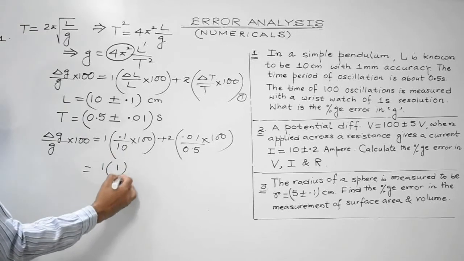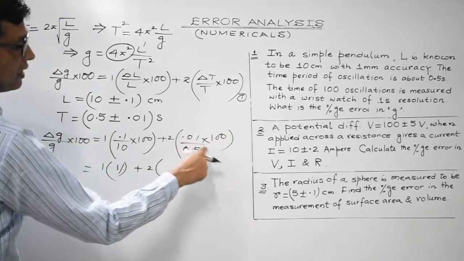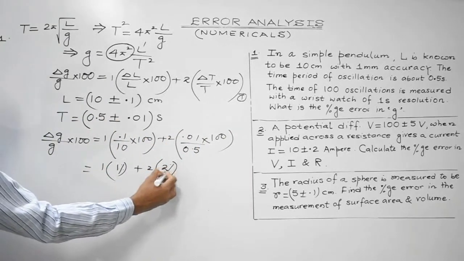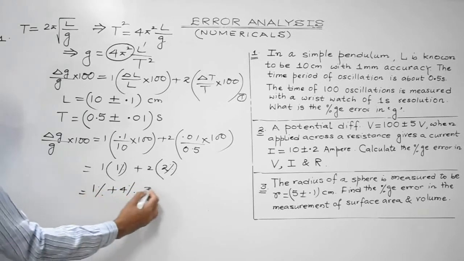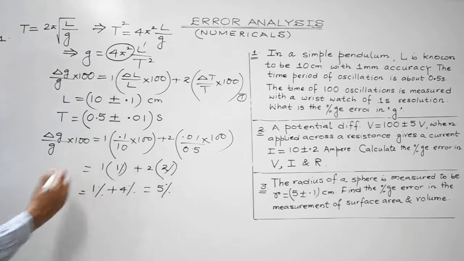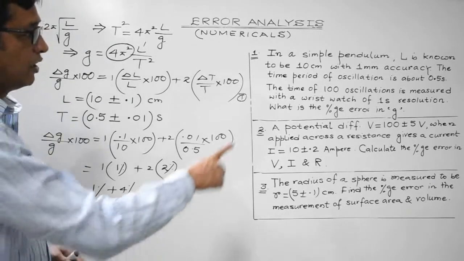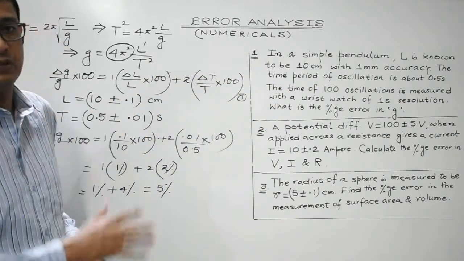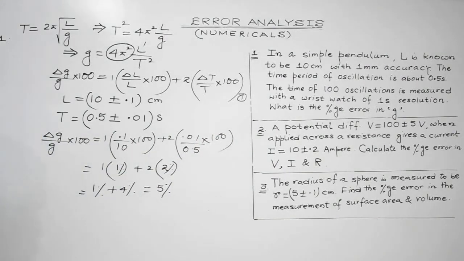The first term will be 1 percent, plus 2, the 100 gets cancelled, it will be 2 times 0.01 by 0.5 times 100, so it will give us 1% plus 4%, that is 5% is the answer. So the percentage error in the determination of the value of acceleration due to gravity in this case would be 5%. So this is how you need to proceed, right?